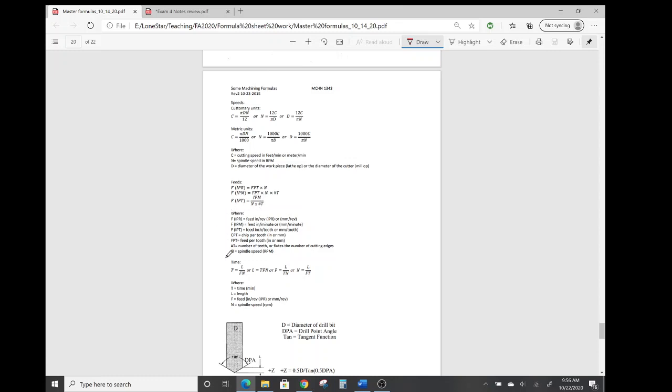And here's the where for all of that. Where you have feed in IPR, it's feed in inches per revolution, then you have feed in inches per minute. You have feed in inches per tooth. You also have a CPT, the chip per tooth, and feed per tooth.